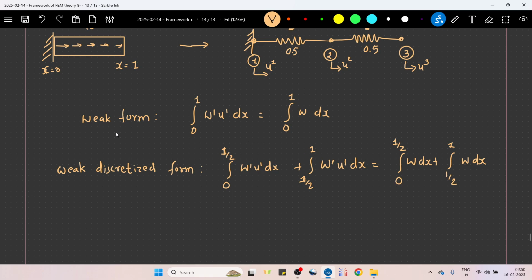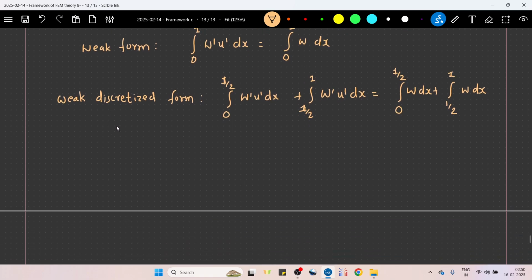Let's find the FEA solution from this form. As you know, the first thing is we have to assume the trial function, or assume our solution. And as we discussed in the last few videos, we can assume u as a linear function. For the trial function, the minimum requirement is that it can be a linear function.